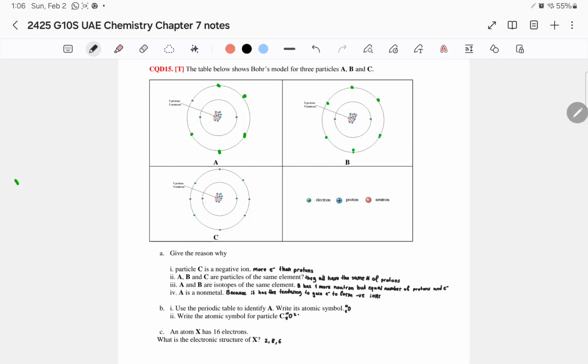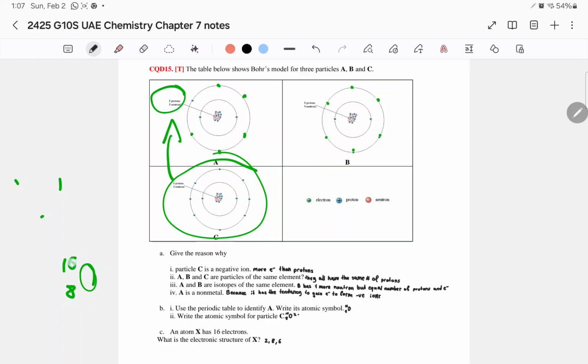Now, how do you identify A and write its symbol? You look at the number of protons, you look at your periodic table. O has the number of protons 8, or the atomic number 8, so it's O. You write the number of protons down, 8, and the number of nucleons up, or the mass number up, 16. Now, if you wanted to write the symbol for particle C, which is the same element as A but it's the ion of it, you write O. 8 will never change. 16 will never change, but now it's 2-.